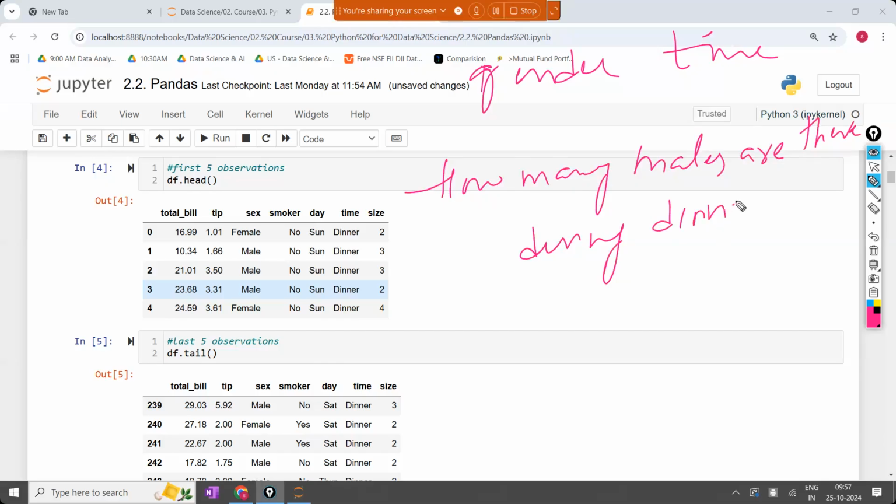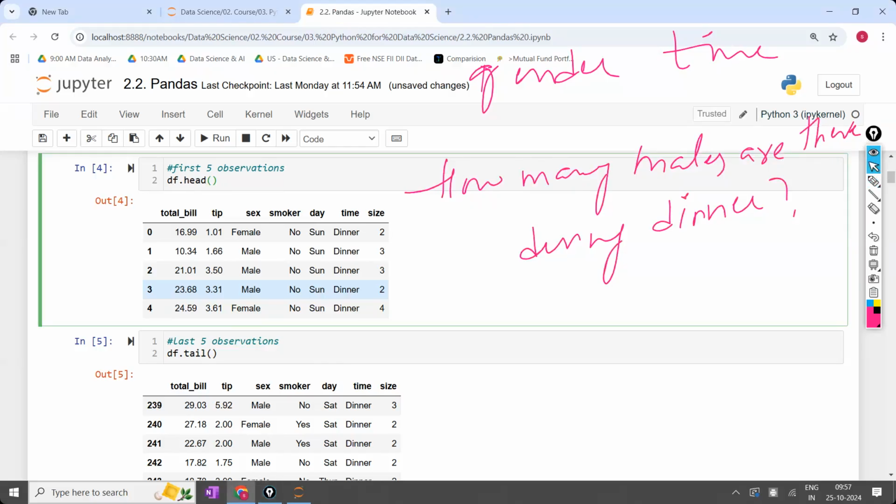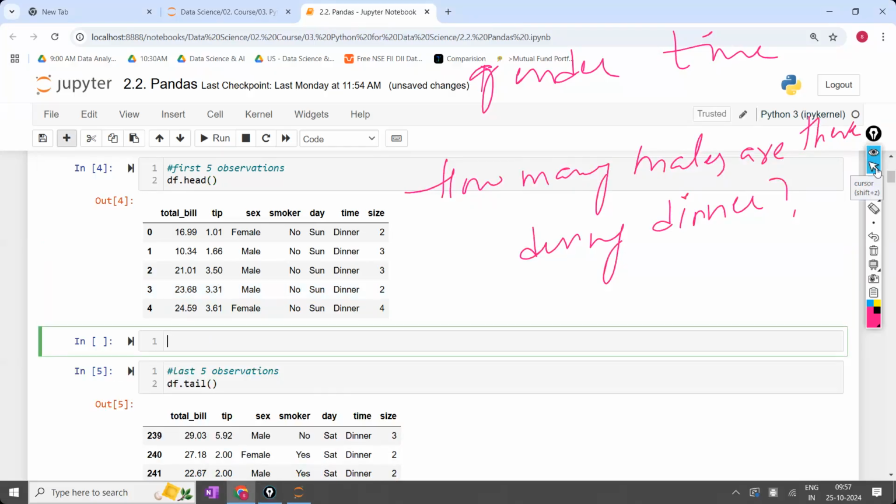This is the question. Now tell me the answer. Anyone? df of gender equal to male. So first you are going to take the male.